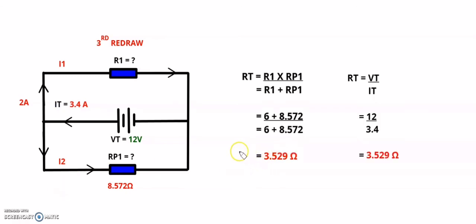R total is equal to V total divided by I total, which is 12 divided by 3.4, and I get the same value, 3.529. That means the resistances we calculated in the circuit are correct, and so is the method that we used.